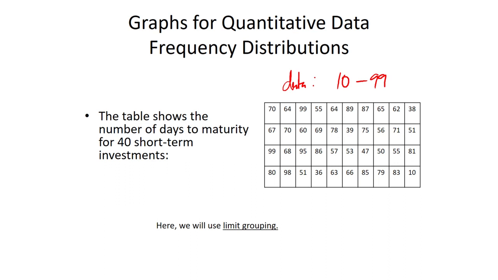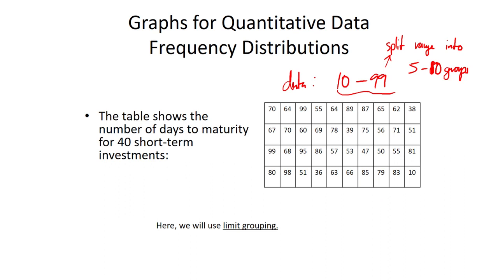And so what you want to do is split the range. Typically we try to go like 5 to 8 groups. Splitting it into 10 groups is kind of getting pretty big, but somewhere in between, we can say 5 to 10. So you just want to look at the size of the range and then split it into equal sized groups that give you like 5 to 10 categories.